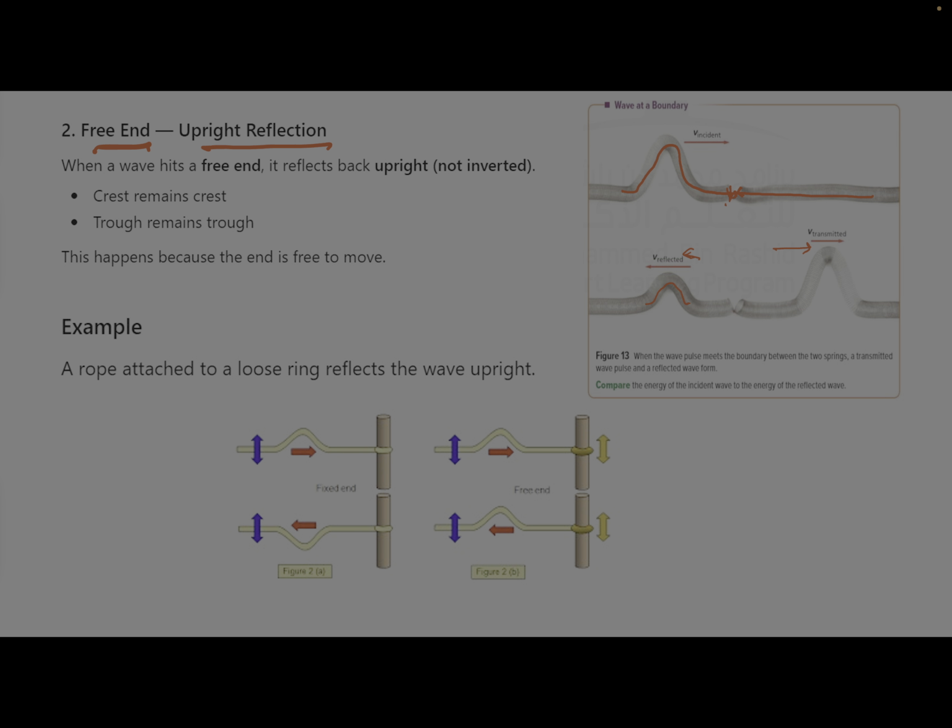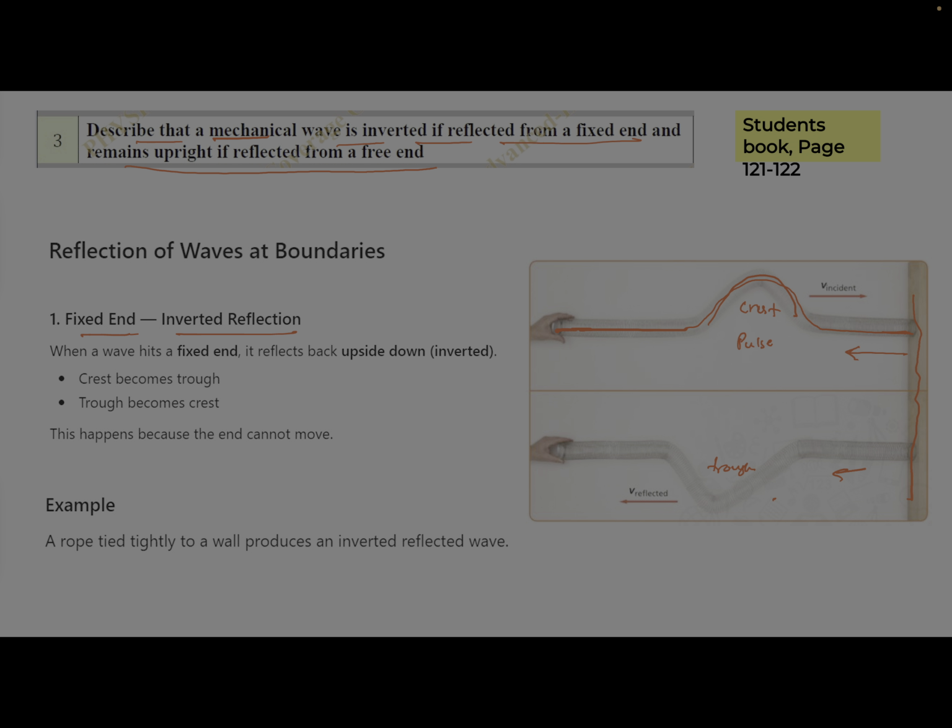When a wave hits a free end, it reflects back upright, not inverted. Crest remains crest, trough remains trough. This happens because the end is free to move, because we have not fixed it. If there is no fixed end, it will be reflected back in the same position. But if there is a fixed end, like this, it will become inverted.